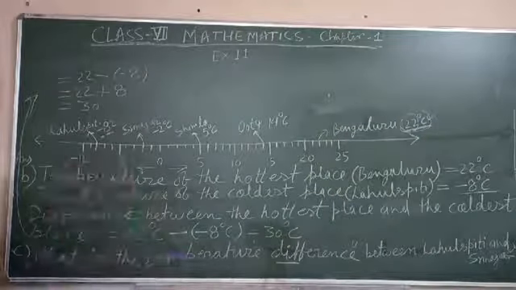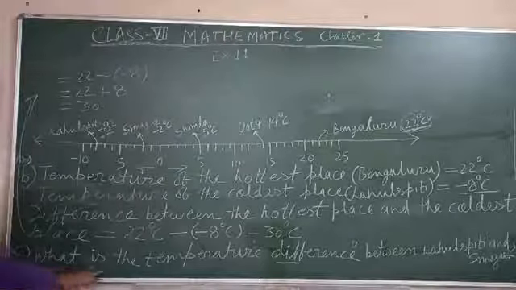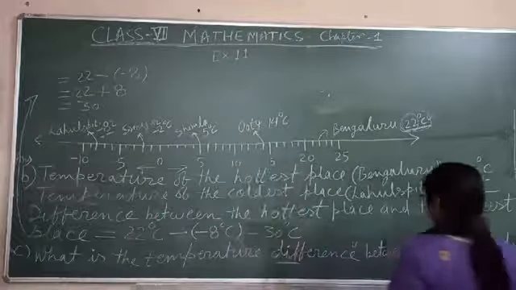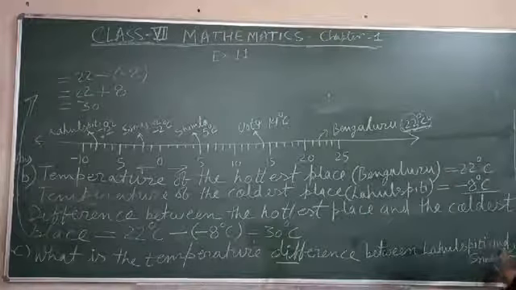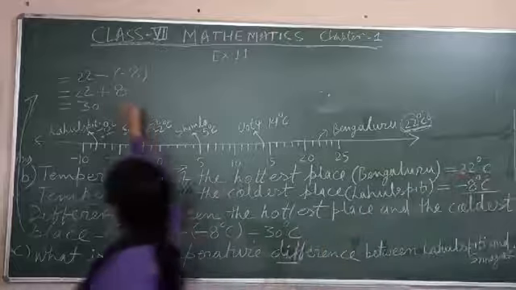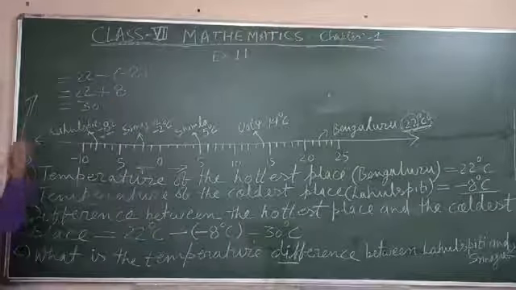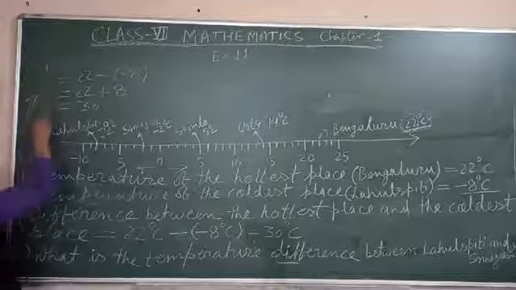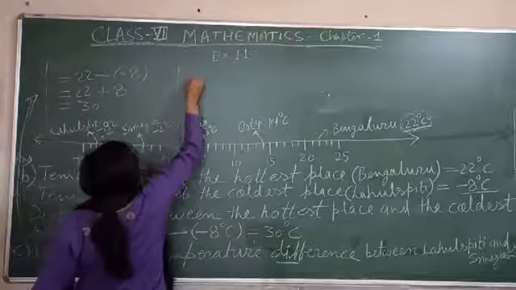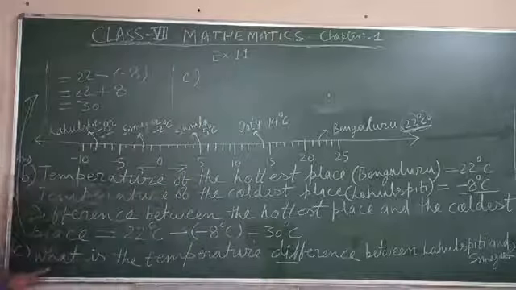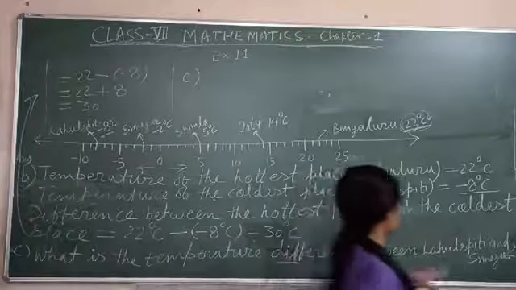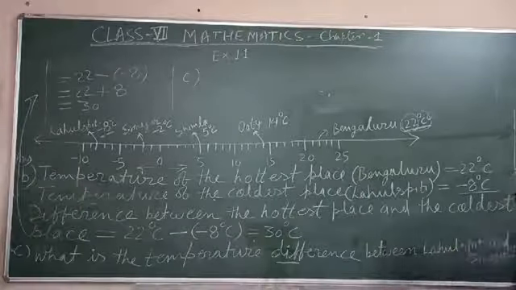Now come to the third question. What is the temperature difference between Lahaul Spiti and Srinagar? This was the solution of question number B. Now we will do the C part here. Solution of C. Temperature difference between Lahaul Spiti and Srinagar.